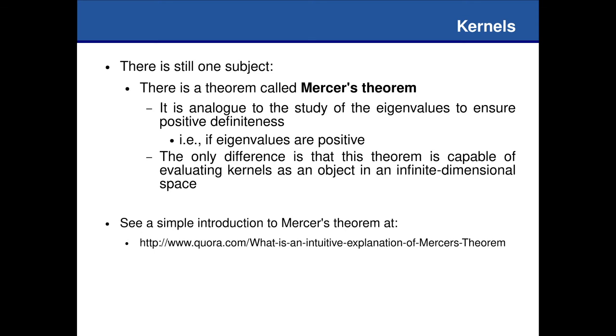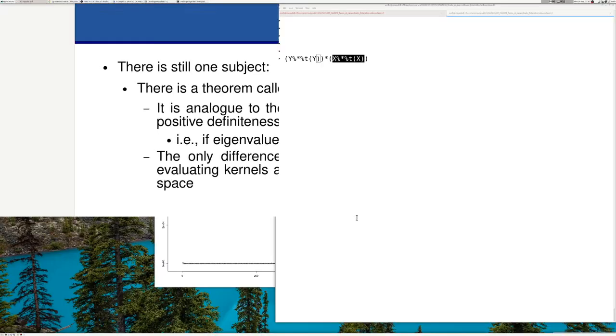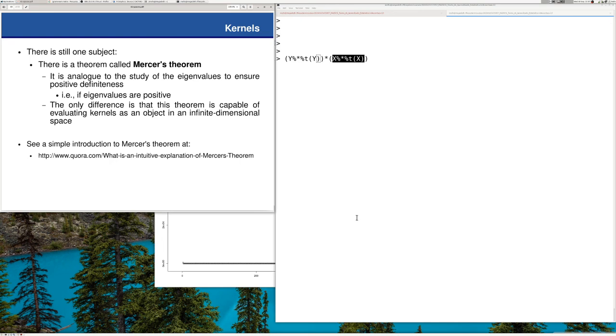What happens in that scenario? Mercer's theorem answers that, and the Riesz theorem as well. So look for Mercer's theorem to understand what happens in an infinite dimensional space. That is interesting, especially if you come from mathematics, I suppose.